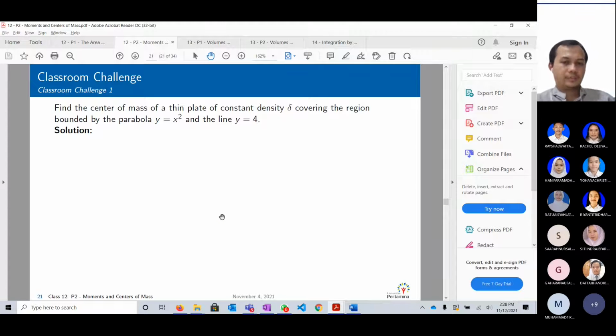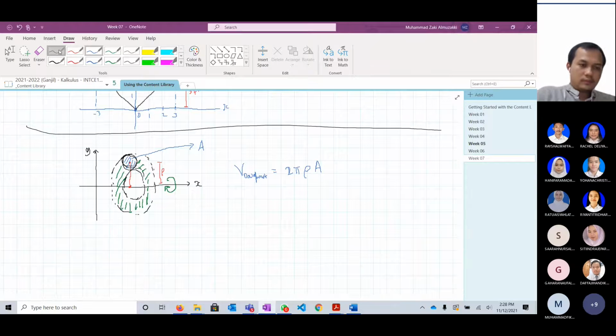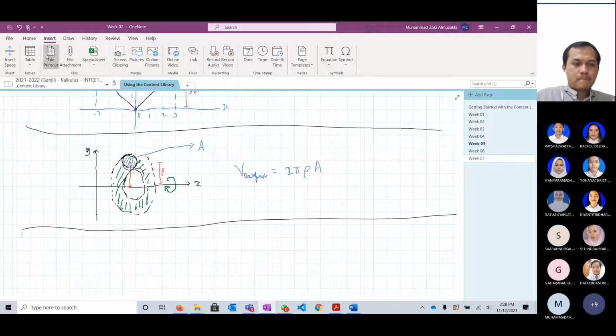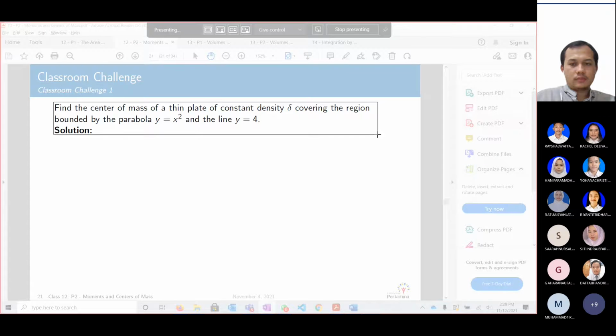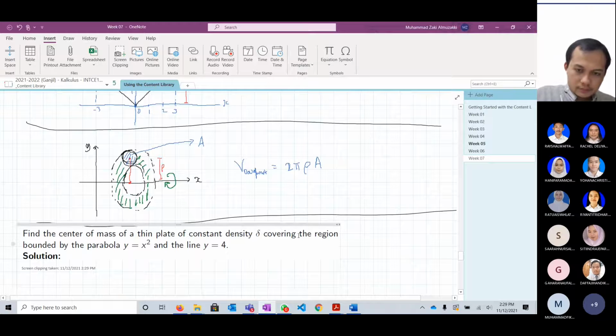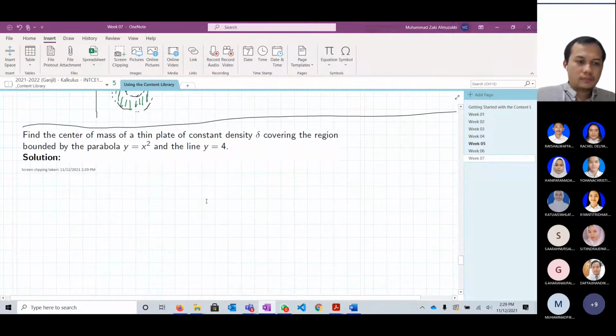Now some challenge. Find the center of mass of a thin plate of constant density delta covering the region bounded by the parabola y equals x squared and the line y equals 4.